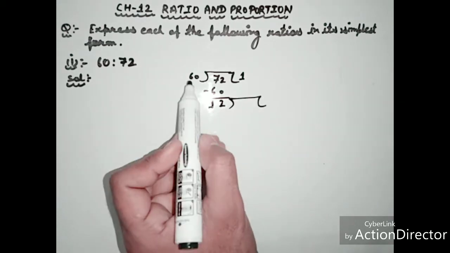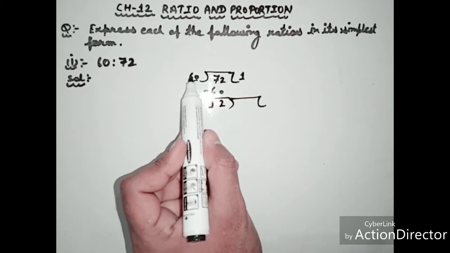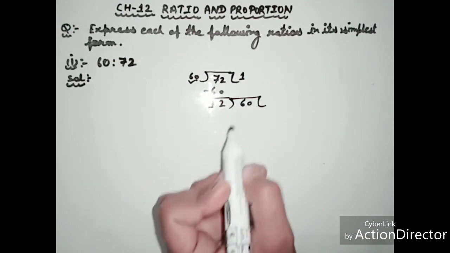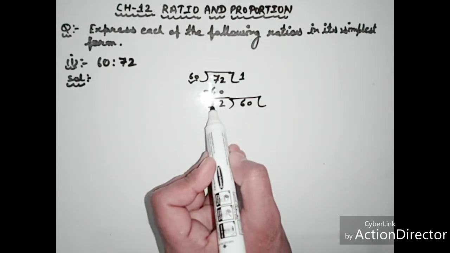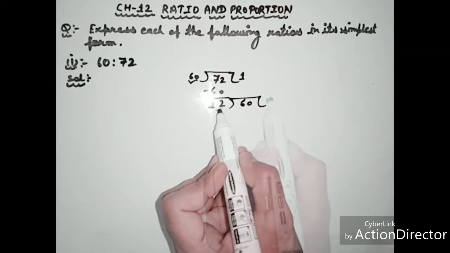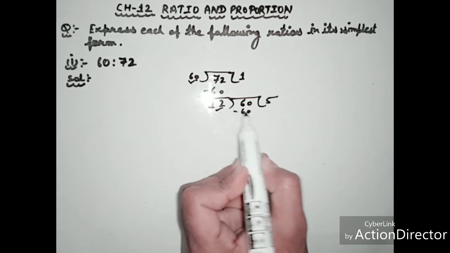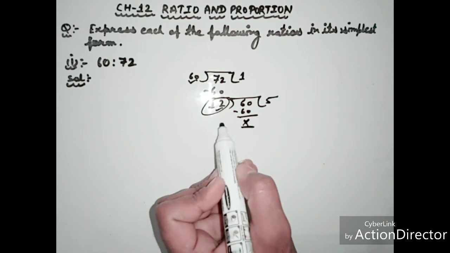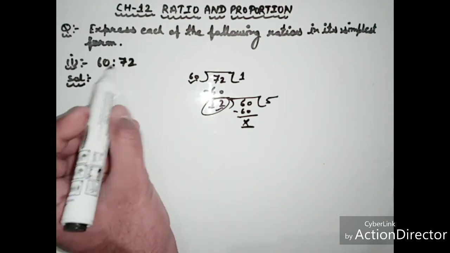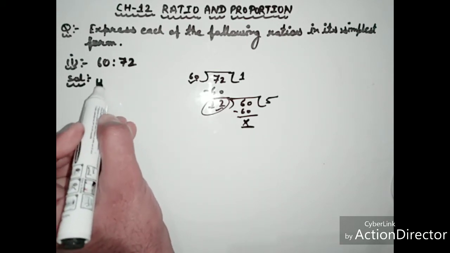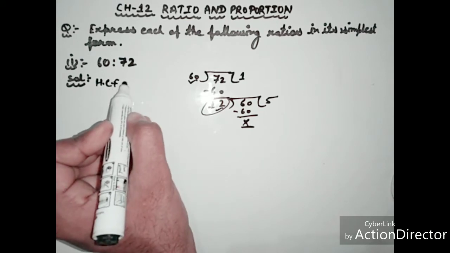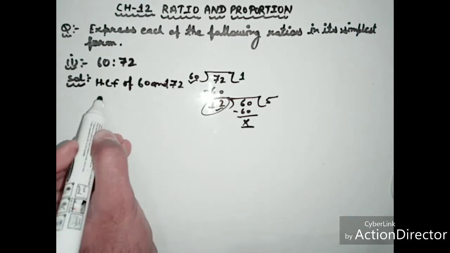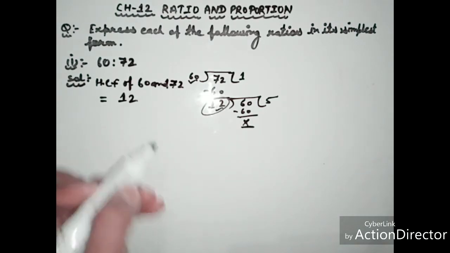After that, this divisor takes place as dividend and this remainder takes place as divisor. The last divisor is the HCF of 60 and 72. HCF of 60 and 72 is equal to 12.